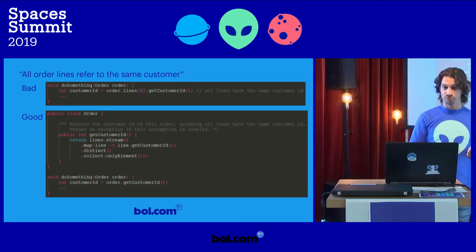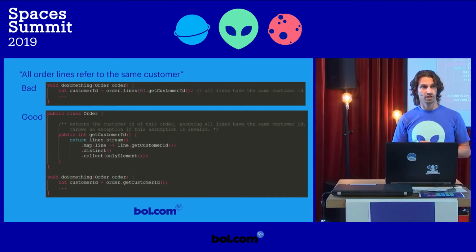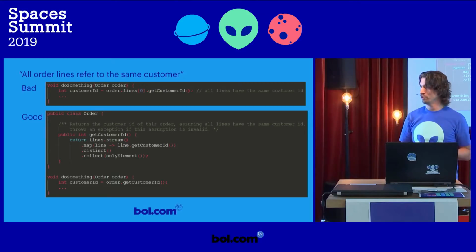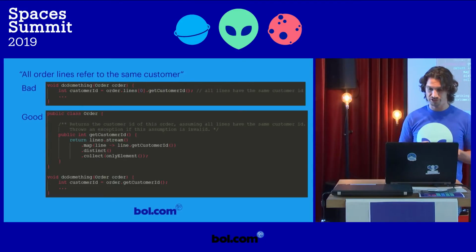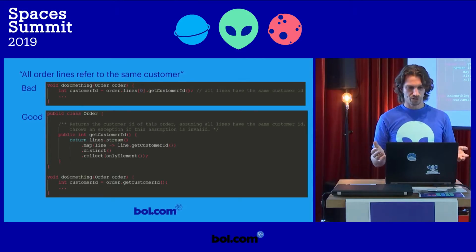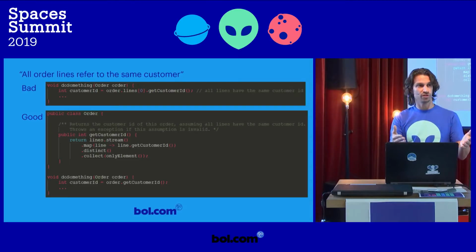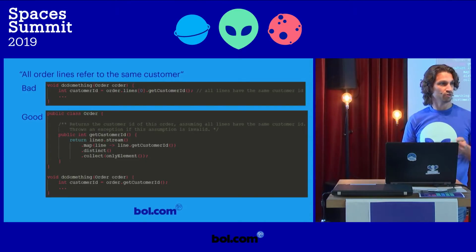This is reusable, and it's not error-prone. In the first example, if it turns out that the second line really had a different customer ID, we would have a problem. But here, this is checked, so it's safe. So by making this assumption explicit, it's nice that you have your business rule ready there in code to be used.